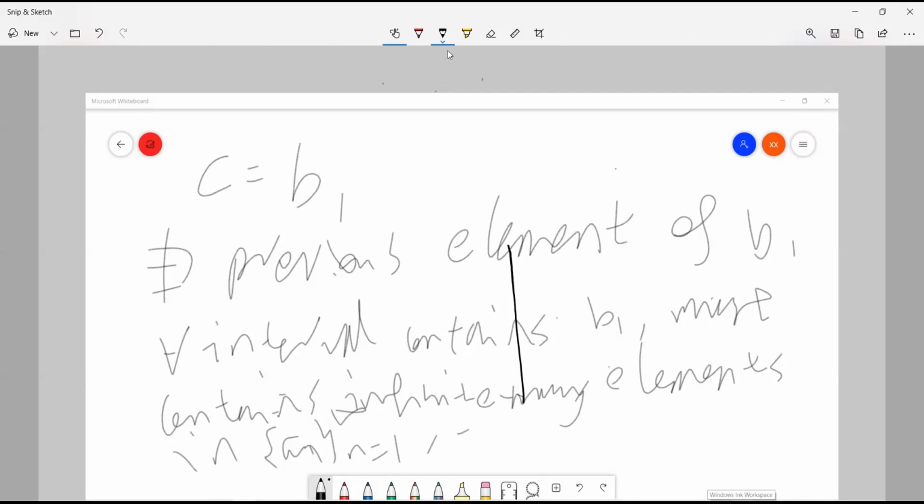Because a finite intersection will not eliminate infinitely many elements. A finite intersection must contain a biggest element.